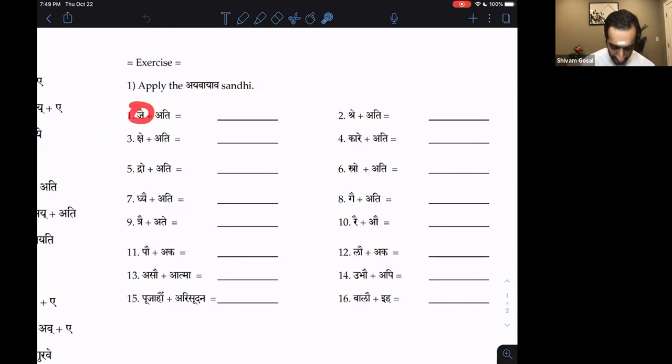So A gets replaced by, again, you have to remember, the first one is I. So A gets replaced by I. So jayati. Someone wins, to declare victory, to win. Shre plus ati.